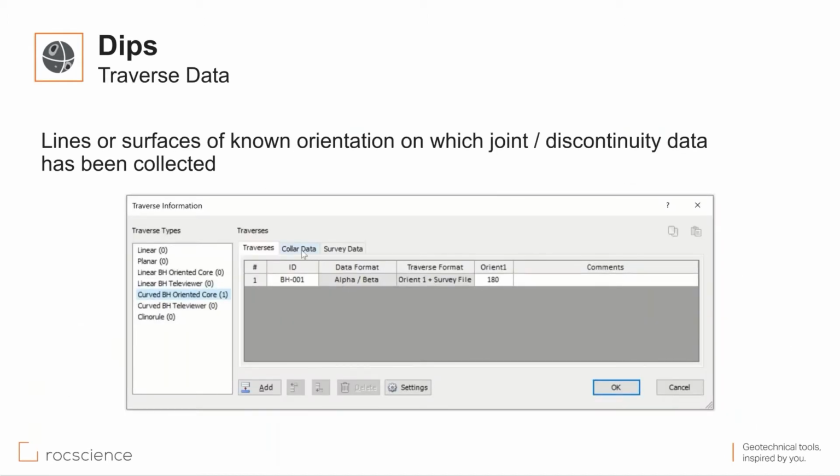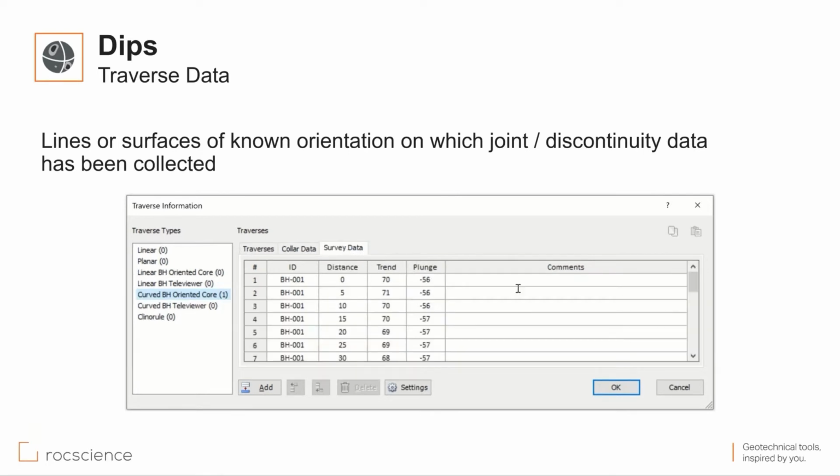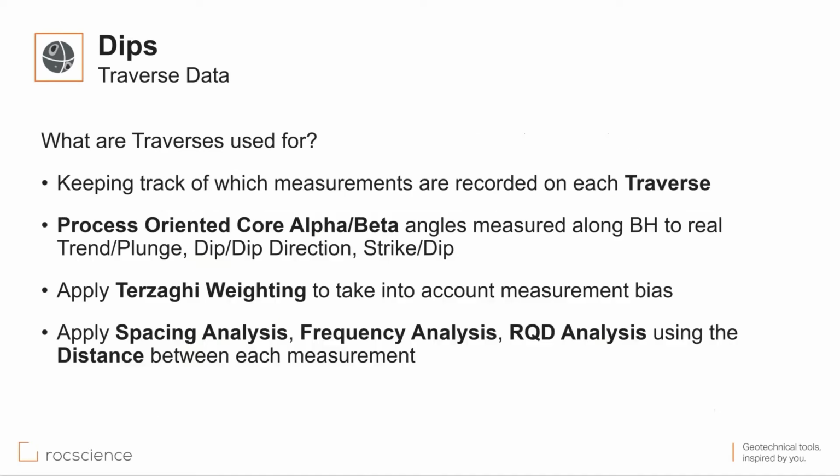Traverses in DIPS are lines or surfaces of known orientation on which joint or discontinuity data has been collected. These lines or surfaces can either be linear, planar, or curved. Some examples of traverses include scan lines, wall mappings, and boreholes.